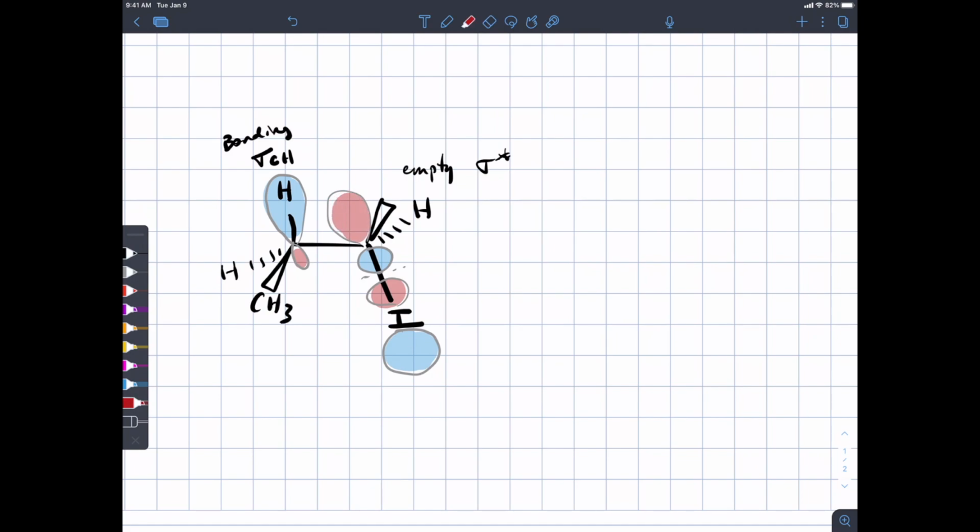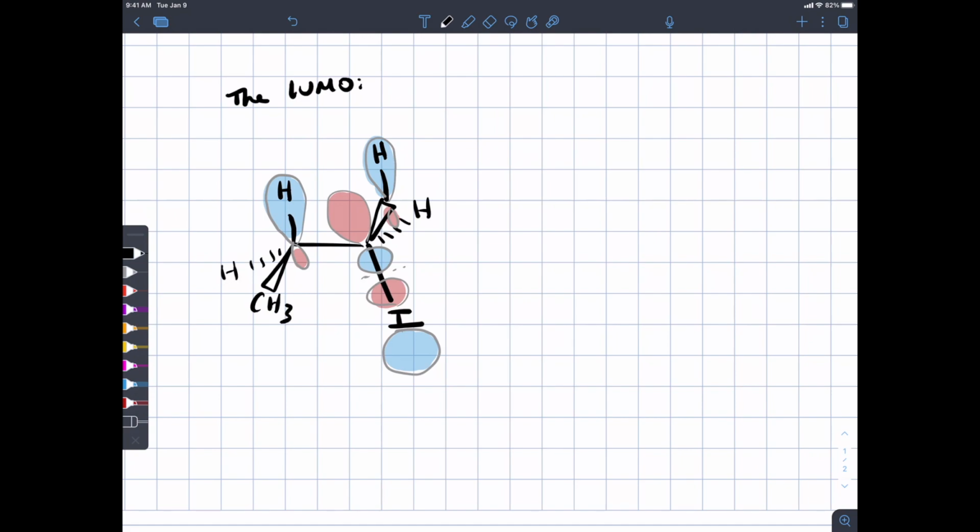Now, what I'm going to do is fill in the other beta hydrogen on that methyl group. There's another one here that can line up with the empty sigma star. So what you're seeing here is the actual LUMO.